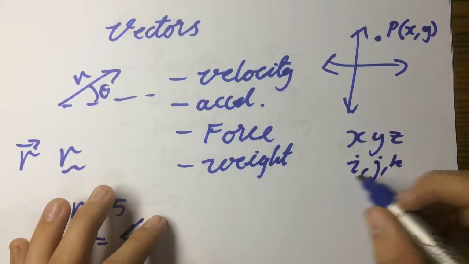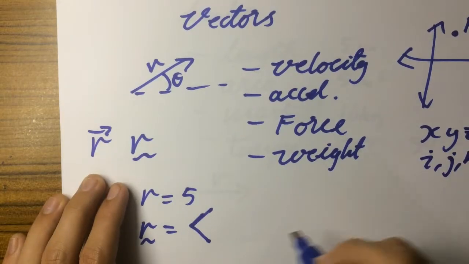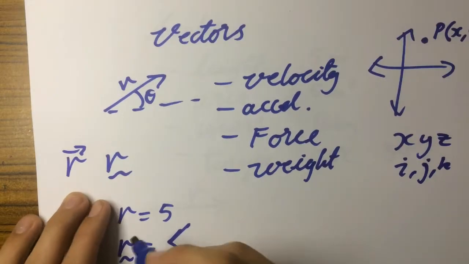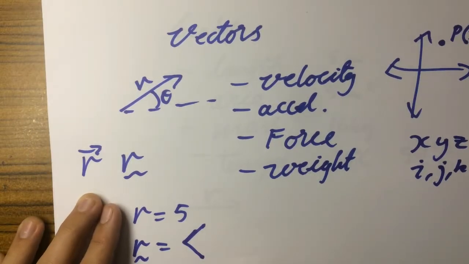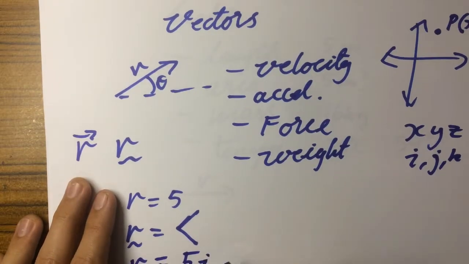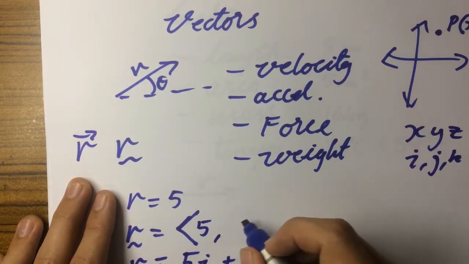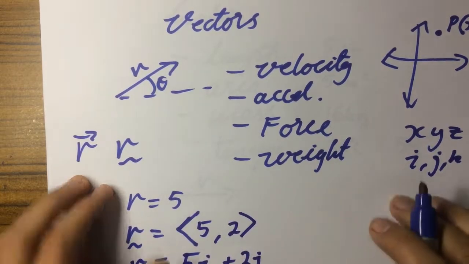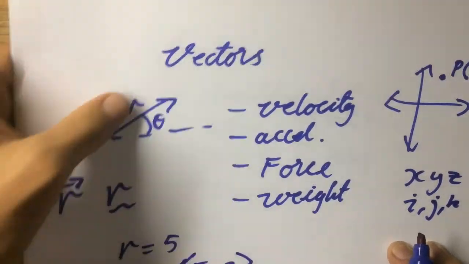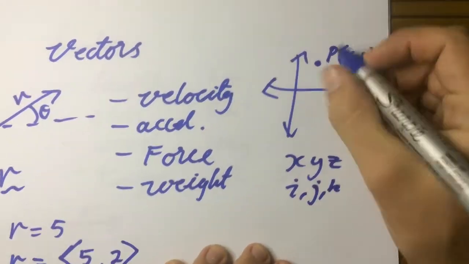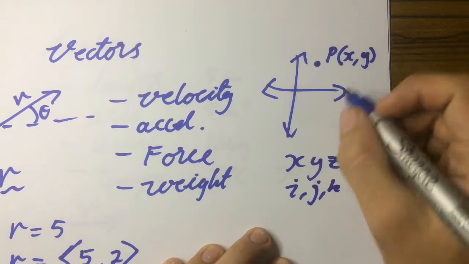And when we do this here, we either have a vector going in the direction of 5i plus 2j, or we write it as 5, 2. Okay? What this means is, this here is the point, x and y.